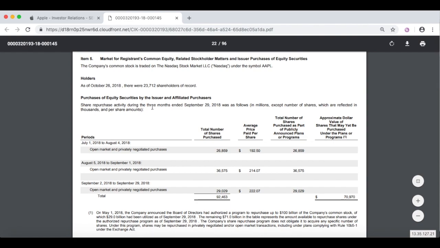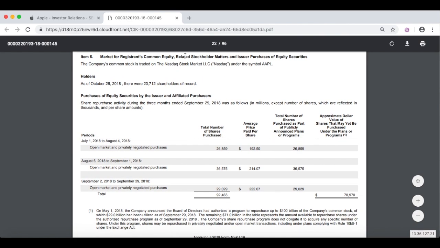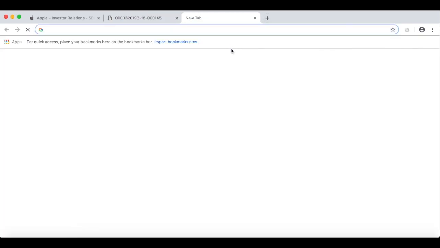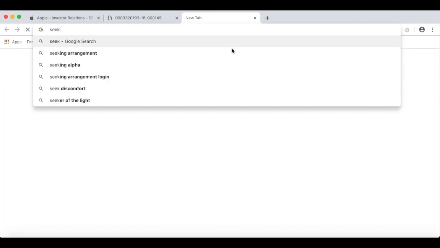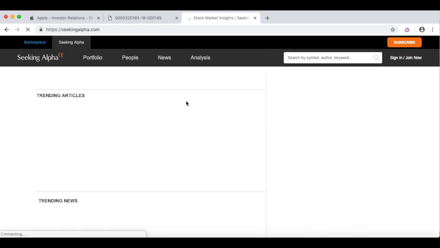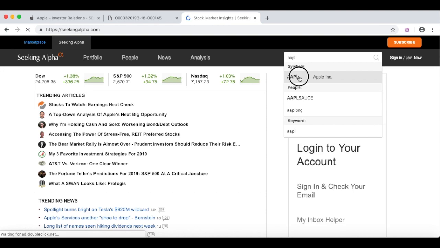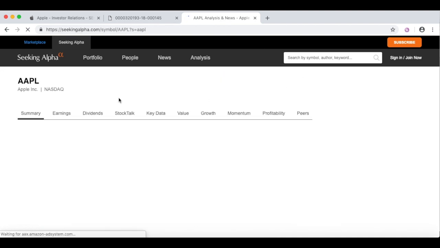here's what you're really going to start investing in: Apple's actually buying their own stock. This is actually kind of interesting. I'm going to go ahead and show you something here, actually. I wanted to bring up Apple's current stock price. So we're going to bring up Apple's stock price here.